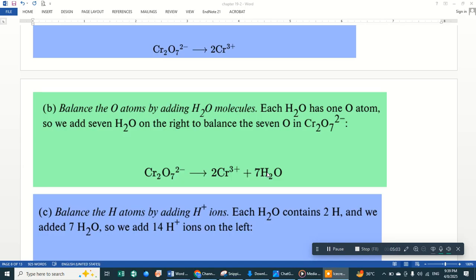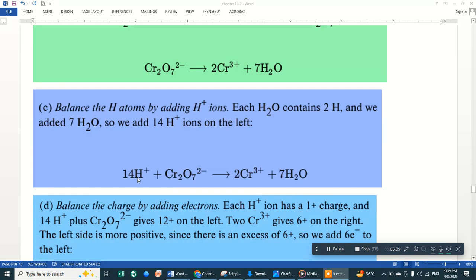To balance these 14 hydrogens, we put 14 protons on the left hand side of the reactants. Now chromium is balanced: 2 on the reactant side and 2 on the product side. 7 oxygens on the reactant side and 7 oxygens on the product side. Similarly, 14 hydrogens on the product side and 14 hydrogens on the reactant side.